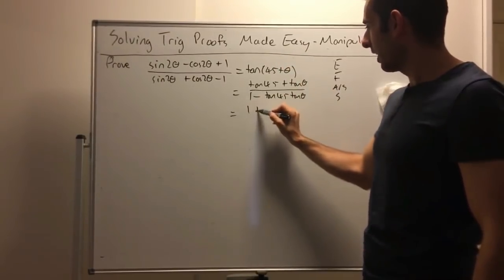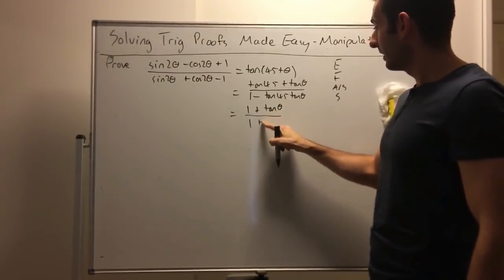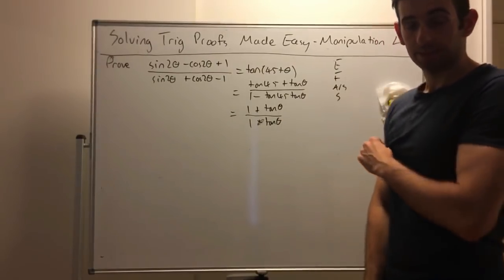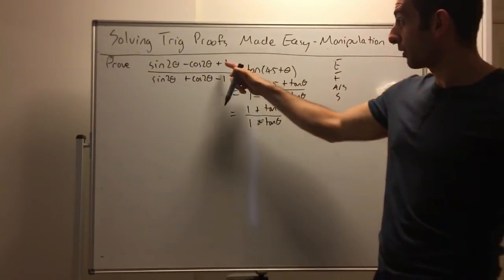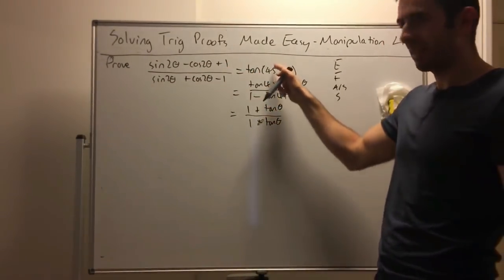So straight away, this is an advanced strategy, which I'll do a video on later, we can rewrite the question to make it easier to prove. Right, so that's a strategy you have in mind, but I'll do a whole video on that later. Right, so now we want to prove this equals that, because this is that. So that's a lot easier to prove this instead of that.